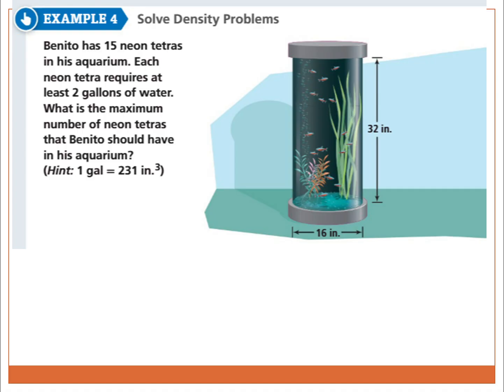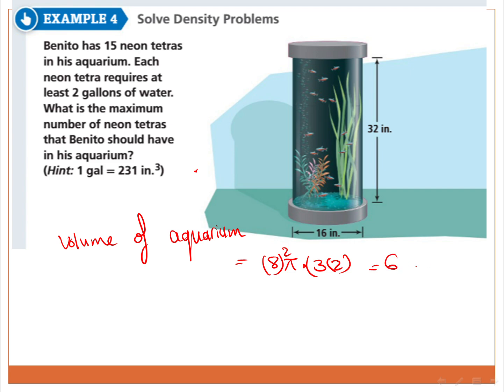So how can I solve it? I will find the area. Sorry, I mean the volume. Volume of the aquarium equals 8 squared times the height, which is 32. So if you just calculate it, it's going to be 6,343.